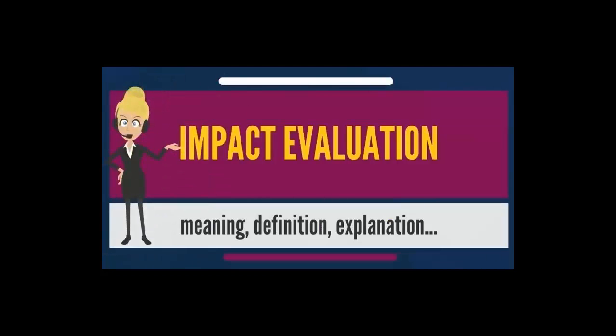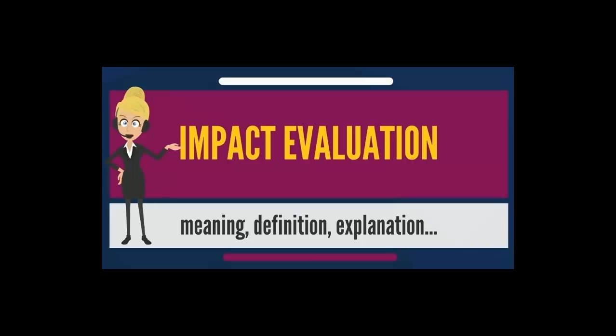Impact evaluation assesses the changes that can be attributed to a particular intervention, such as a project, program or policy, both the intended ones, as well as ideally the unintended ones. In contrast to outcome monitoring, which examines whether targets have been achieved, impact evaluation is structured to answer the question, how would outcomes such as participants' well-being have changed if the intervention had not been undertaken?